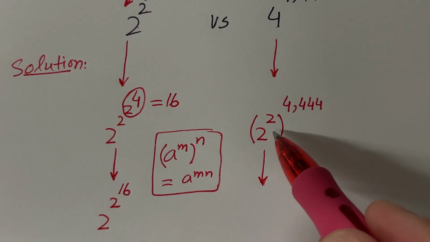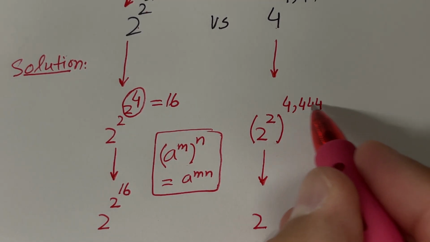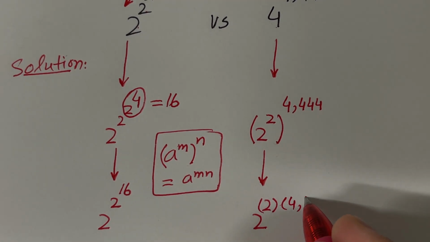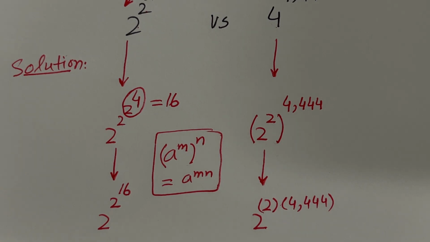Since we have parentheses here, we can write this as 2 raised to the power, multiply these numbers, 2 times 4444.